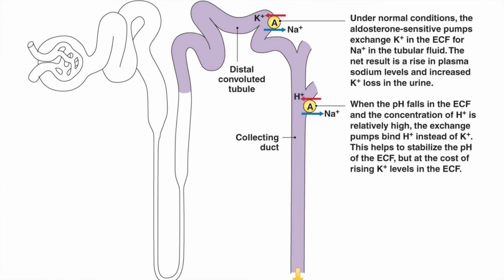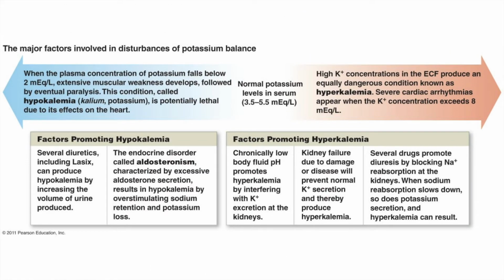But when the pH is low, this sodium-potassium exchange pump will bind hydrogen instead of potassium, and this leads to increased potassium loss in the urine and hypokalemia. And we can see hyperkalemia will interfere with the cardiac action potential and cause death.